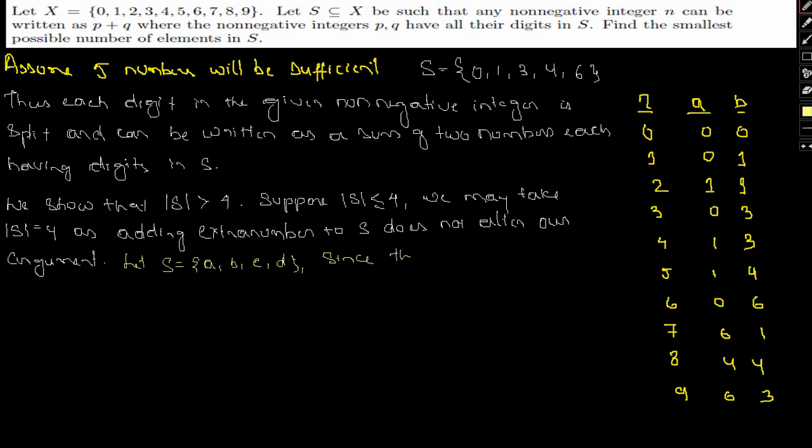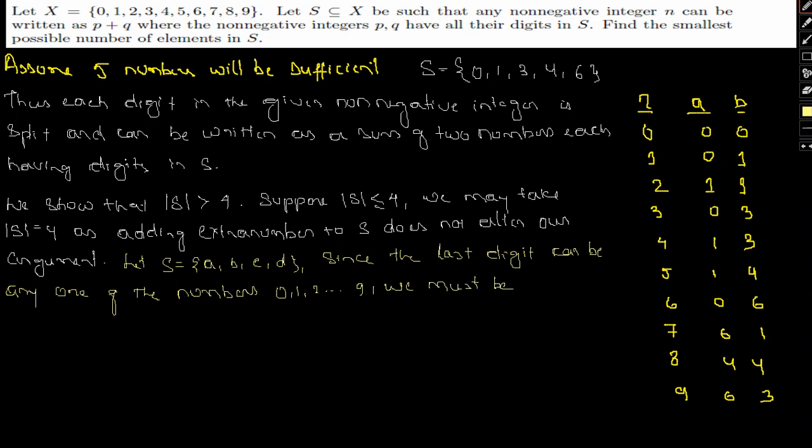Since the last digit can be any one of the numbers 0, 1, 2 up to 9, we must be able to write this as a sum of digits from S modulo 10.